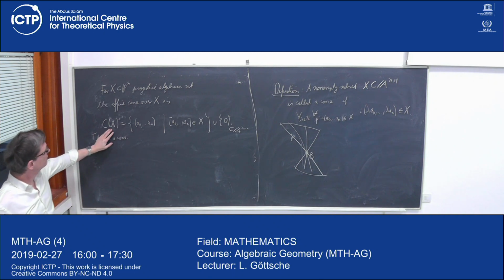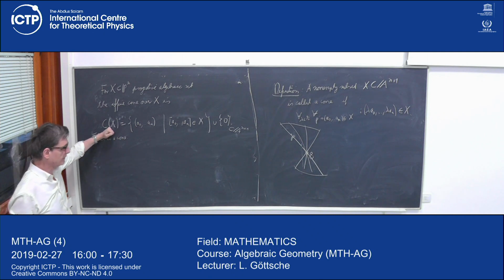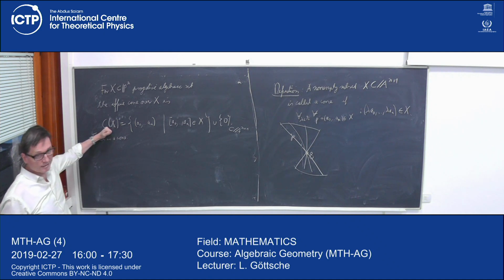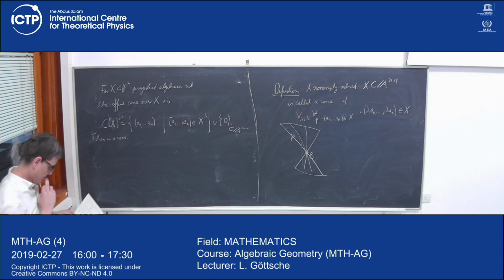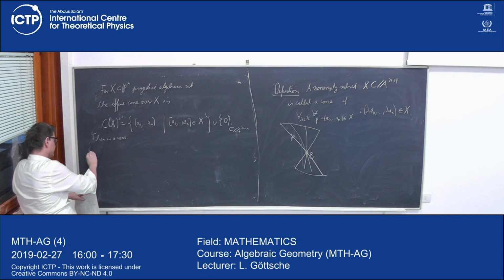So basically the claim is now that the cone of X is the zero set of the same ideal as X, only as the ideal of X, but now the zero set is taken in A^(n+1) instead of P^n. So let me state this precisely.